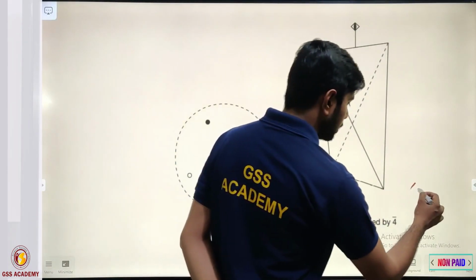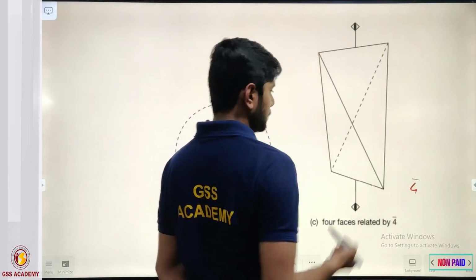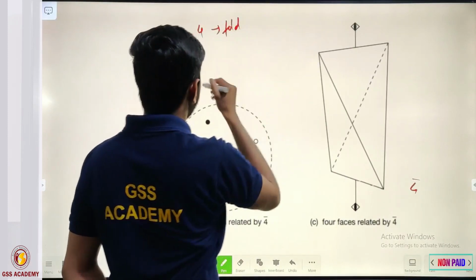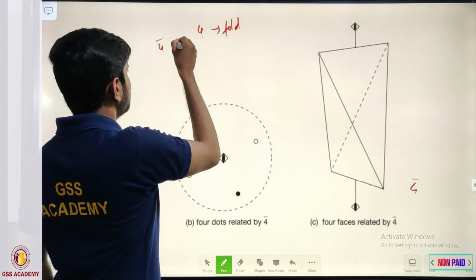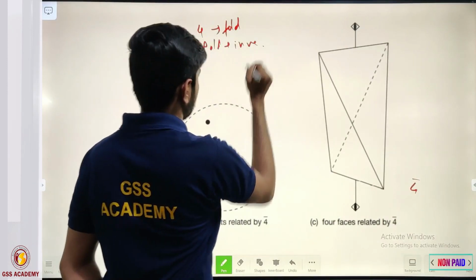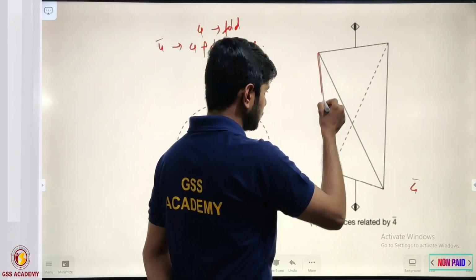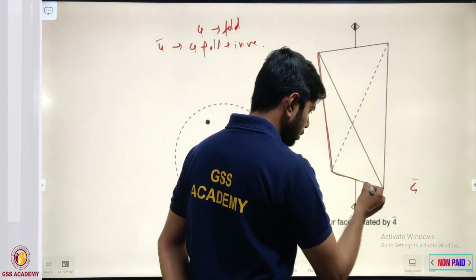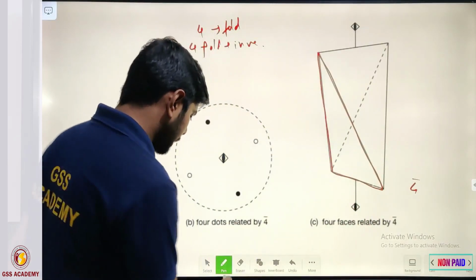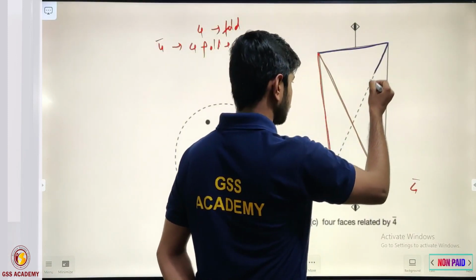Okay, so for 4 bar, this is a crystal which is 4 bar. It means 4 is like 4-fold, and 4 bar means 4-fold plus inversion. Let's assume this is our initial phase, and the second phase is like this one.